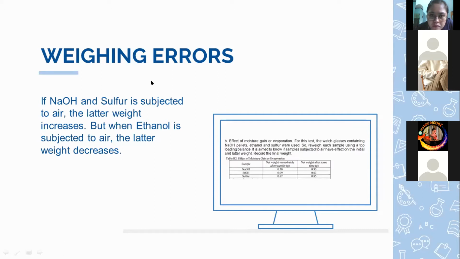Record the final weight. Ang observation namin is if sodium hydroxide and sulfur are subjected to air, the latter weight increases, but when ethanol is subjected to air, the latter weight decreases.